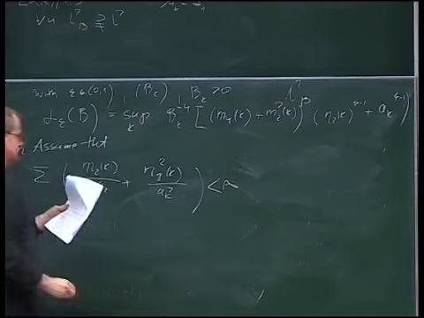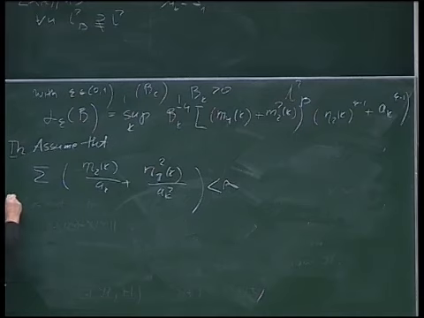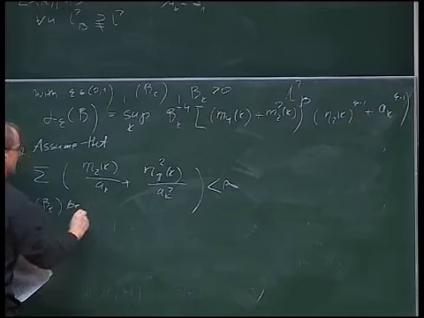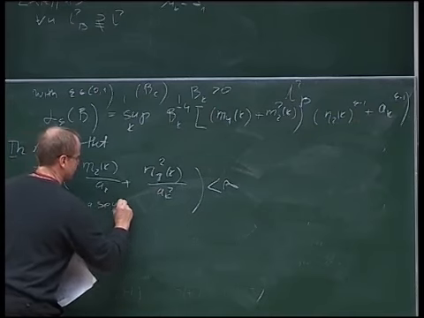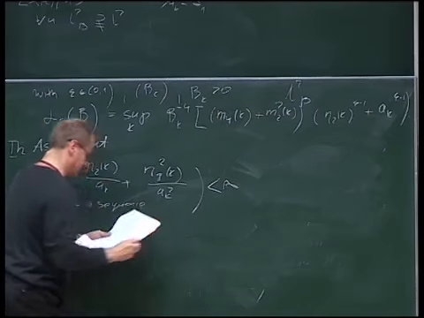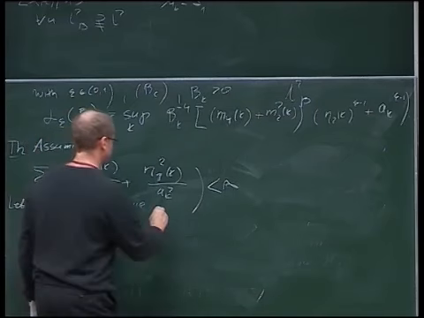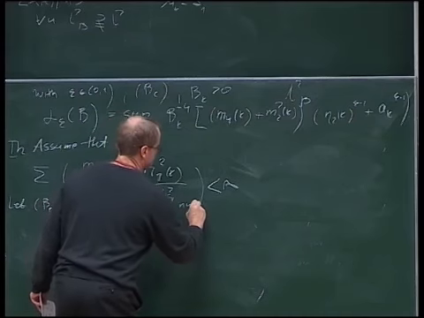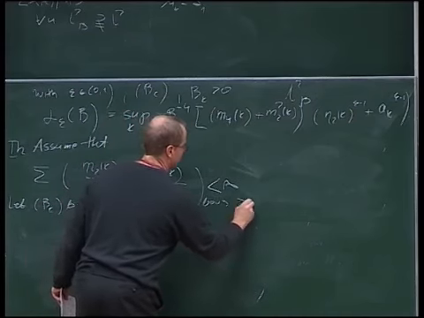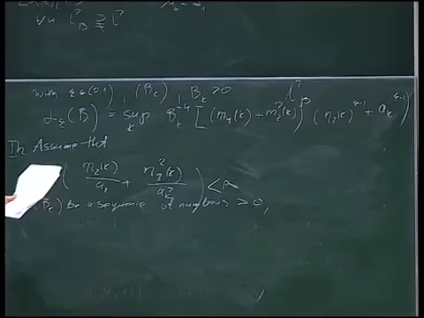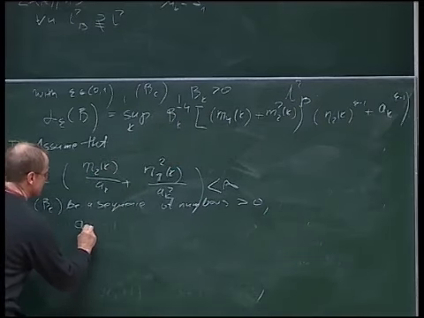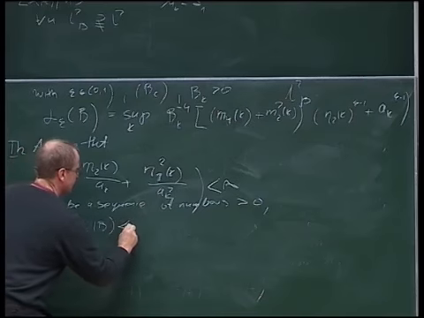So assume this and let b_k be a sequence of strictly positive numbers such that a epsilon of beta is finite.